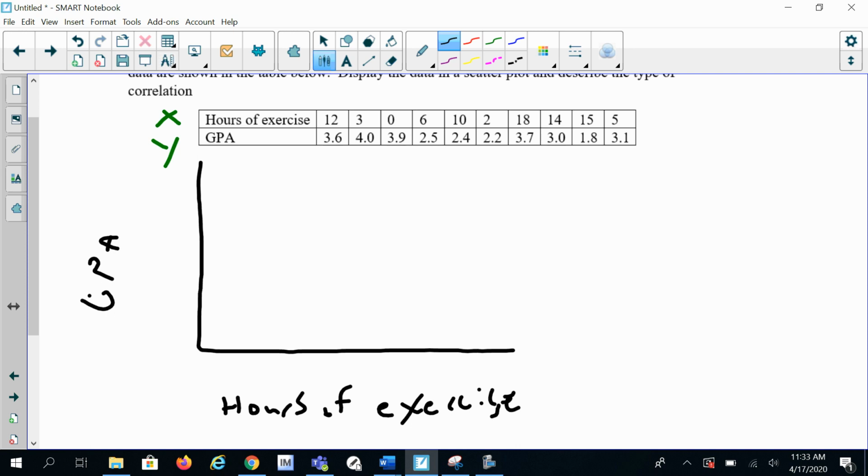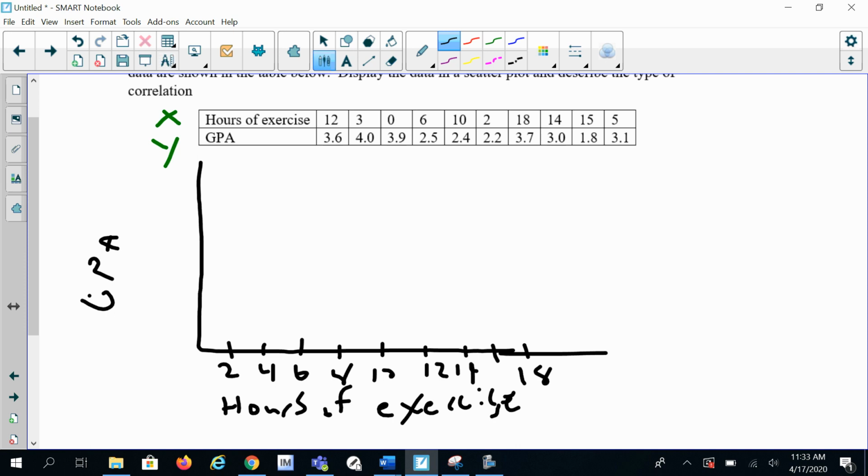Looking at hours of exercise, we start at 0, go to 18, so maybe by 2s: 2, 4, 6, 8, 10, 12, 14, 16, 18.